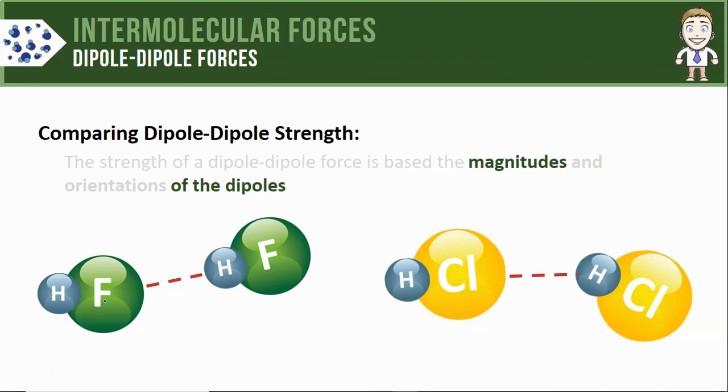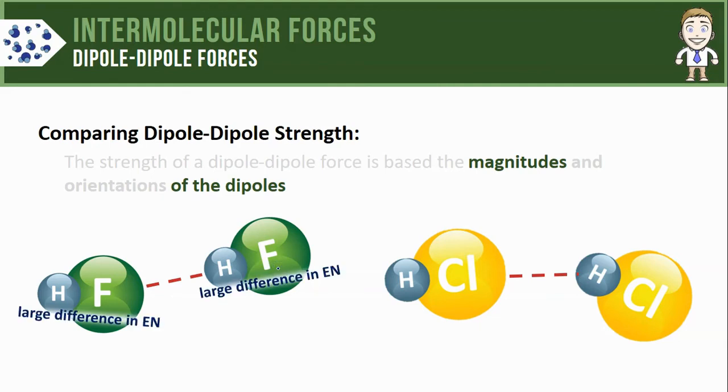We could go to a periodic table and look up the actual electronegativity values, but here we don't really need to because the HF molecule has the atom fluorine, and fluorine has the highest electronegativity out of any atom on the periodic table. That means the difference in electronegativity between hydrogen and fluorine is going to be much larger than the difference in electronegativity between hydrogen and chlorine.